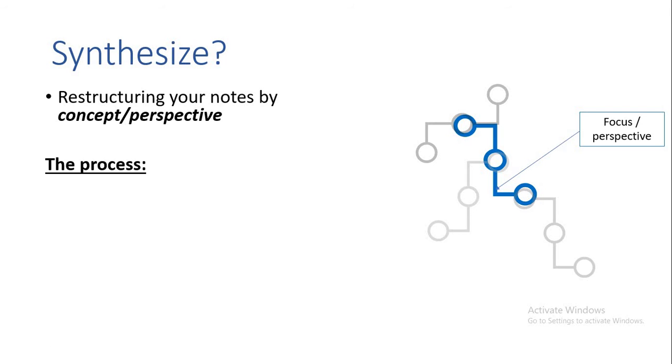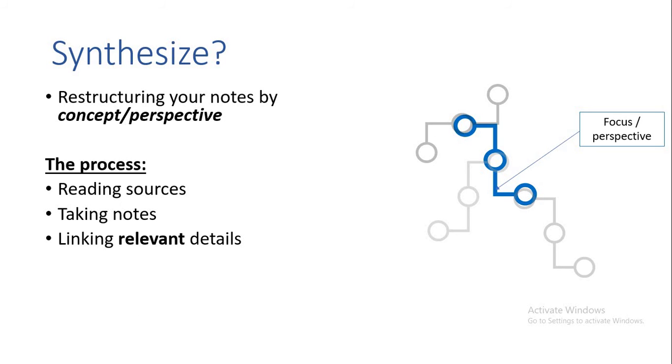Now the process of synthesizing is as follows. You read the sources, you take notes, extract details, and then you create relevant relations amongst these details. You link them together, again, according to your own perspective, to your own structure, okay?